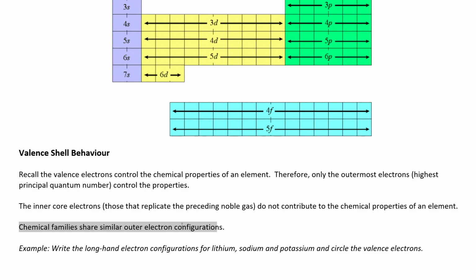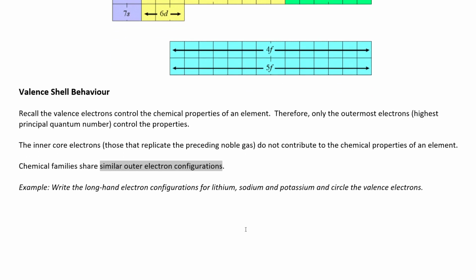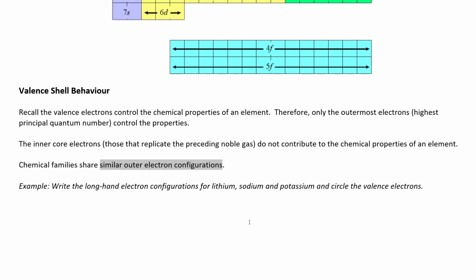Chemical families share similar outer electron configurations, and that would make sense because chemical families react in the same way, and that's because they have the same valence electrons, and so therefore they have similar electron configurations. So we're going to write the longhand electron configurations for lithium, sodium, potassium, and then circle the valence electrons.